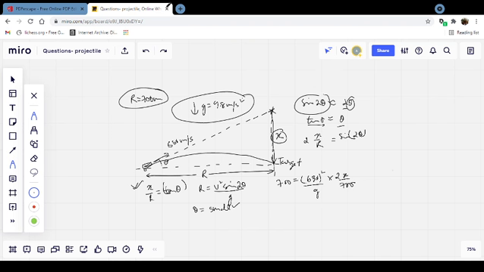So now continuing this calculation, we have to find x. 700 we already know.